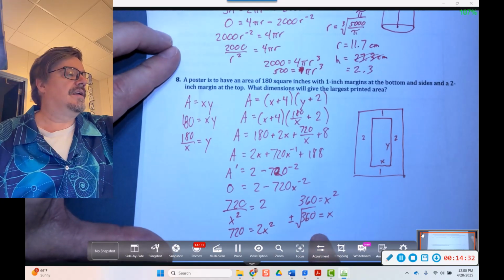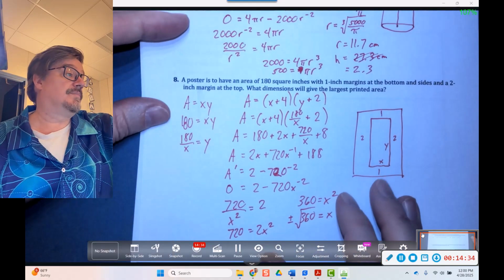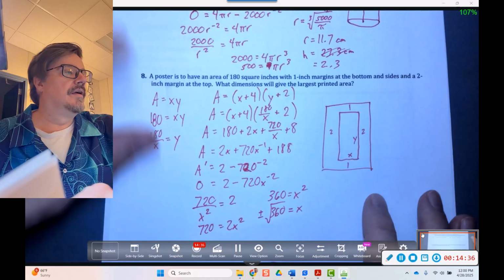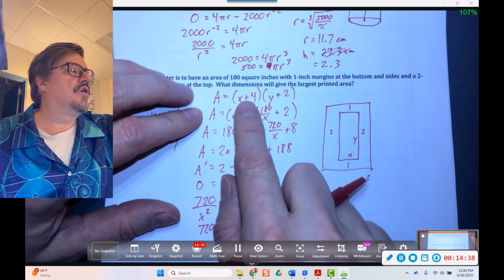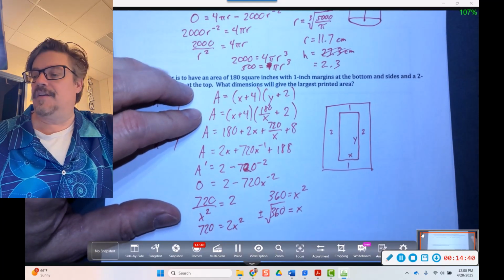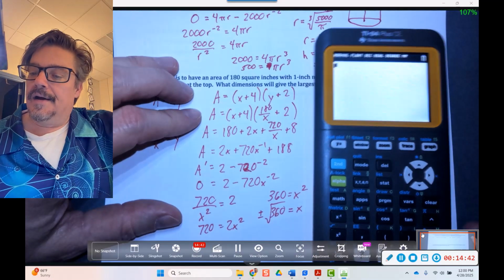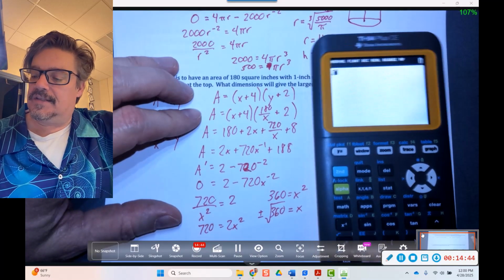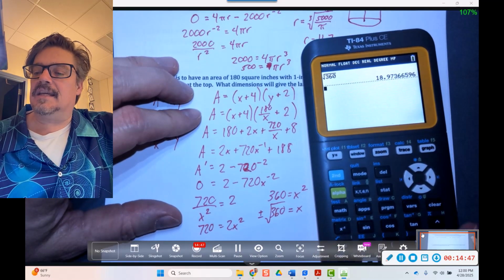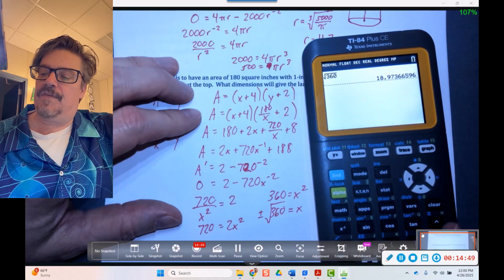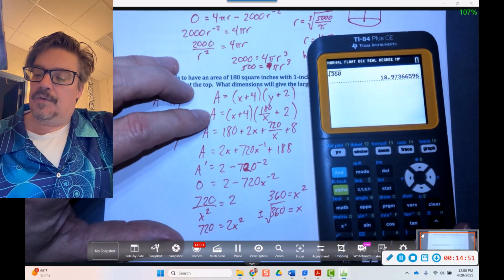All we need now is to figure out which one. Is it negative or is it positive? Well, if it was negative, we know that there's no way that that's possible. In fact, what is the square root of 360? Square root of 360 is 18 point... it's almost 19, okay?